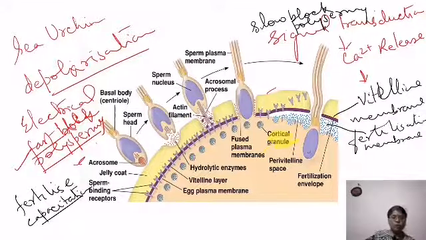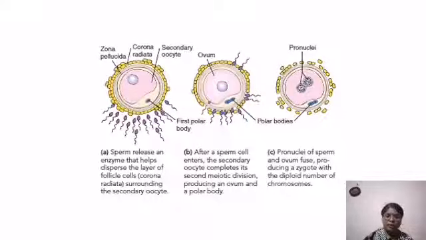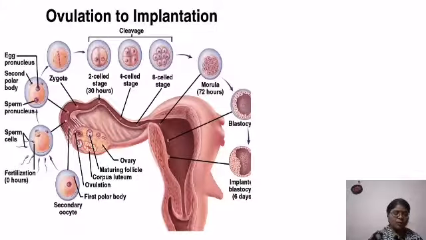Okay, so now let's move on. Remember that this fertilization event is also causing a major thing: metabolic changes in the egg, making the egg more metabolically active. So as the sperm enters the egg, certain changes take place.